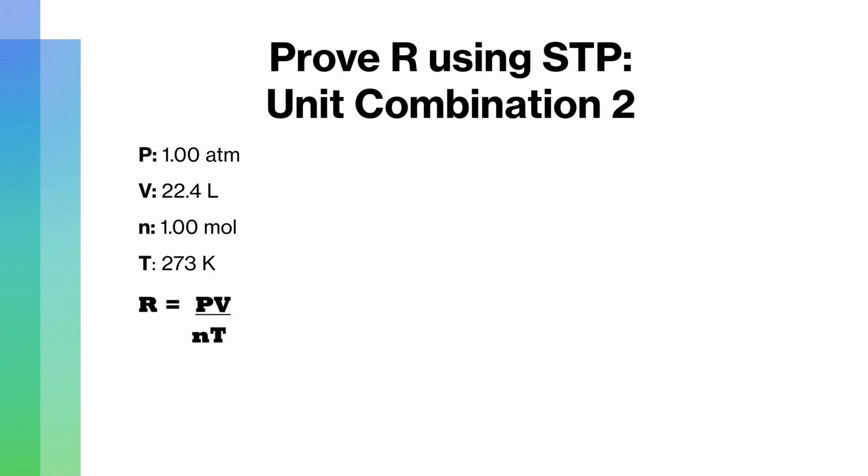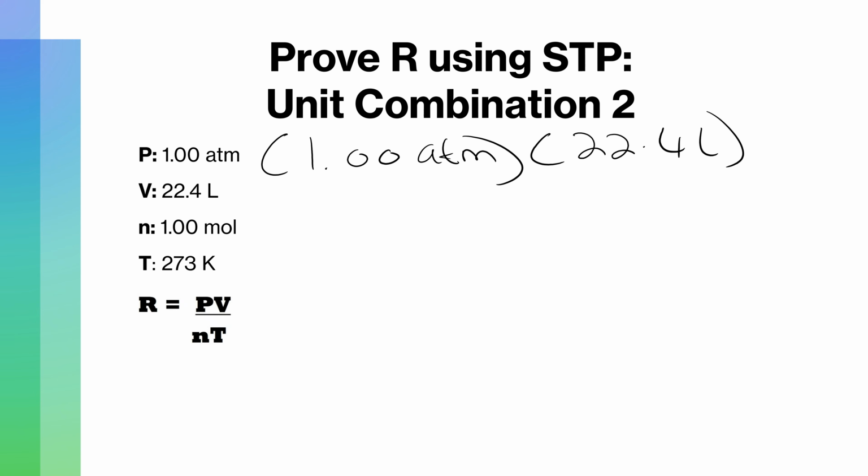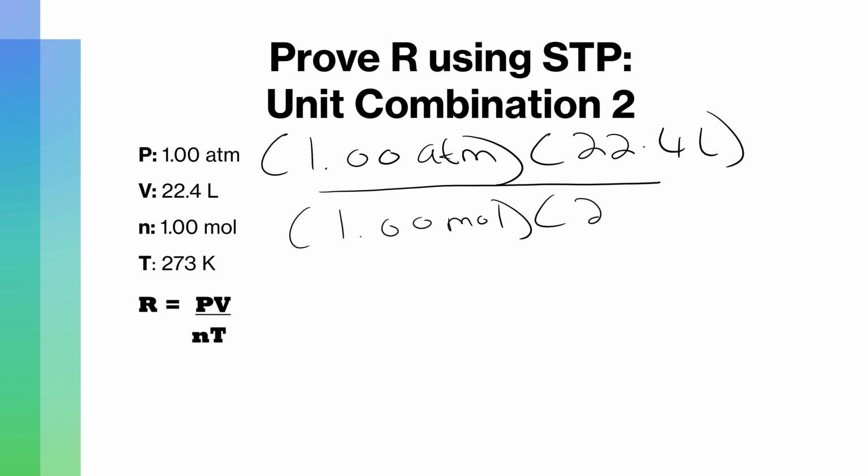So we have for pressure 1.00 atmospheres, and we multiply that by a volume of 22.4 litres, and we divide that then by an amount of 1.00 moles times a temperature of 273 Kelvin.